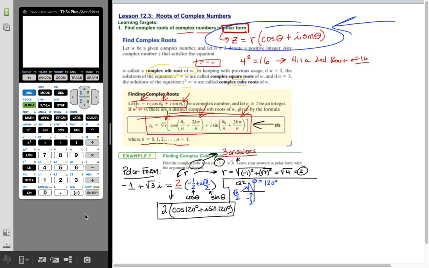First things first, I'm going to use k. Based on this formula, along with that complex number, I'm going to say z sub k, to be consistent with the way the formula works.